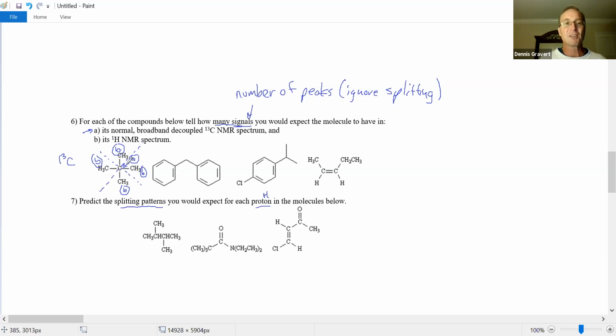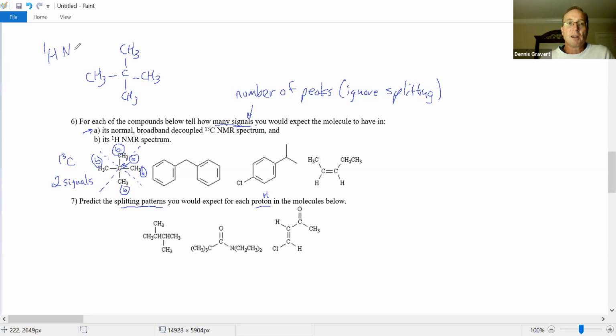No, we don't. We have a total of 2, just a peak A and a peak B. We get 2 signals or 2 peaks in the carbon. I really messed that up with all my scribblings. So let's redraw it here and talk about the hydrogen NMR now.